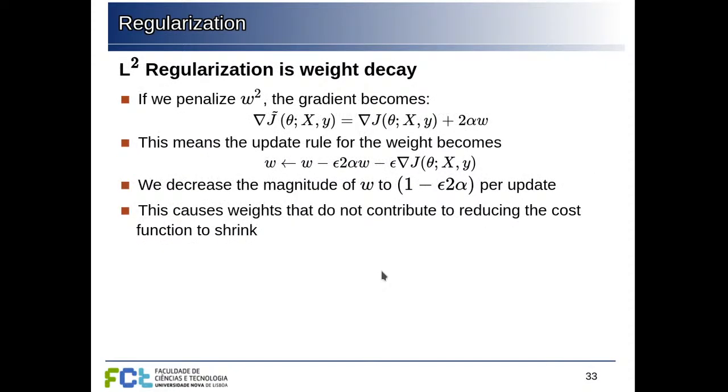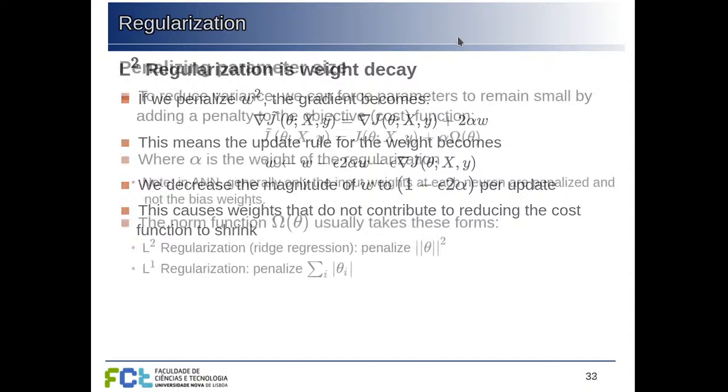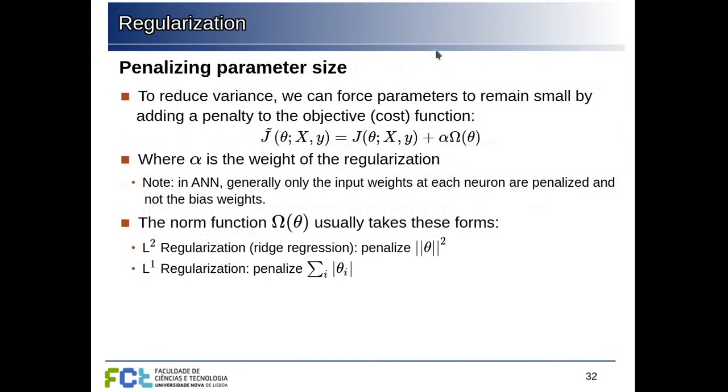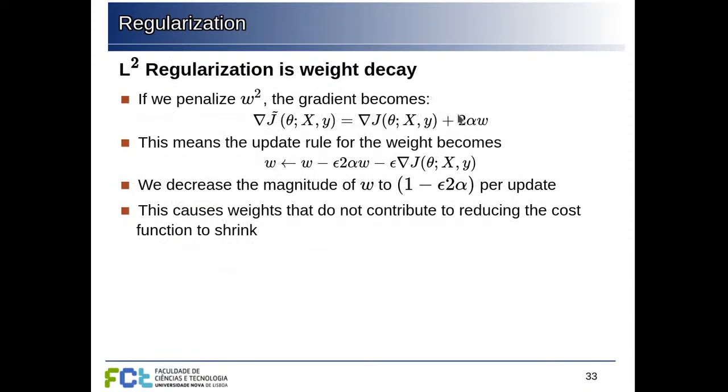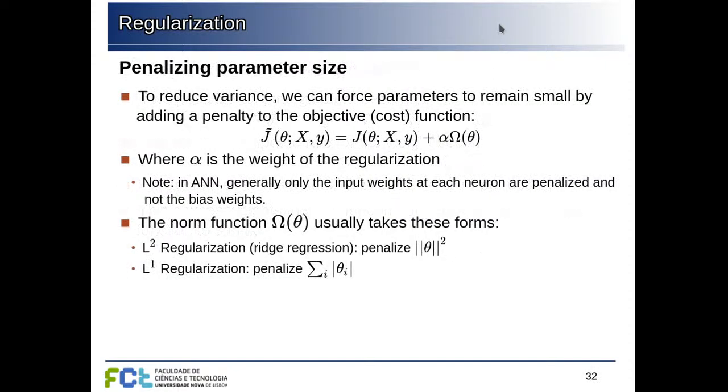L2 regularization is also called weight decay, because when you compute the derivative of the loss function, you have the derivative of the original loss function, whatever it was. And then, since this is the sum of the squares of the parameters, when you compute the derivative of this with respect to one particular weight w, you just have 2, which comes from the square there, times this alpha and the weight.